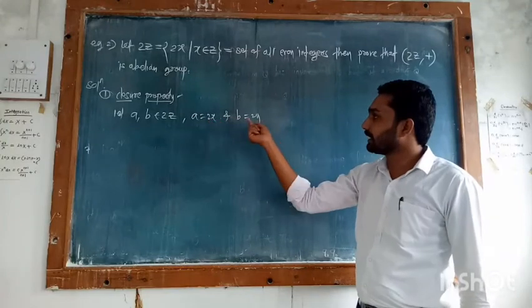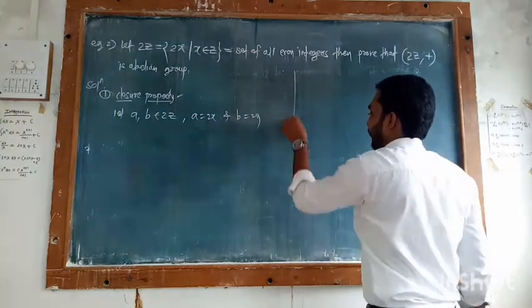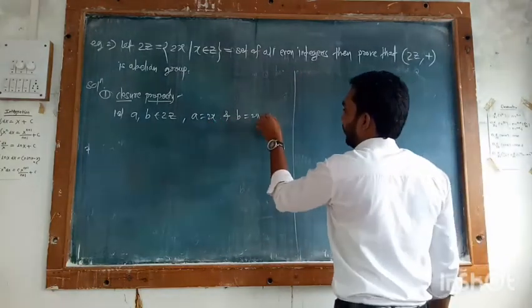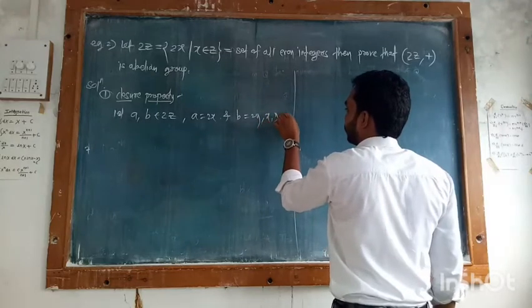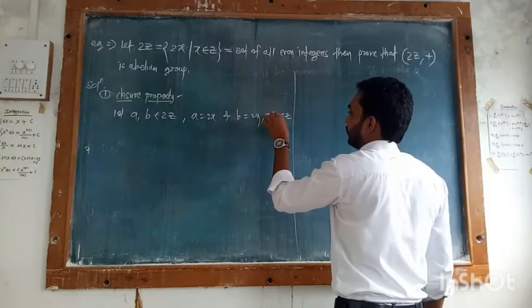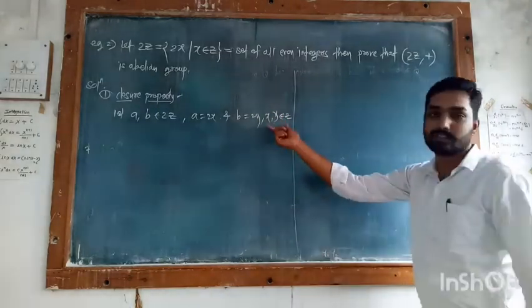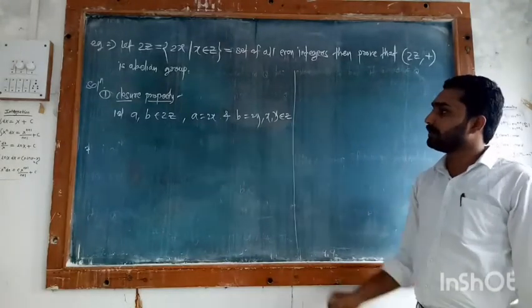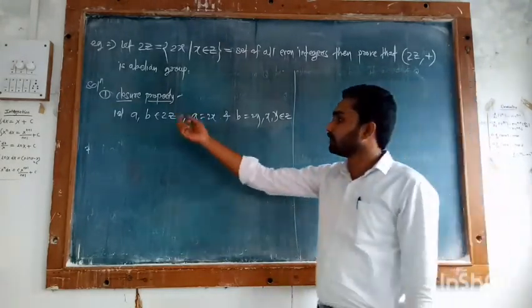And x and y are members of Z, that is, integers. So A and B are members of 2Z.